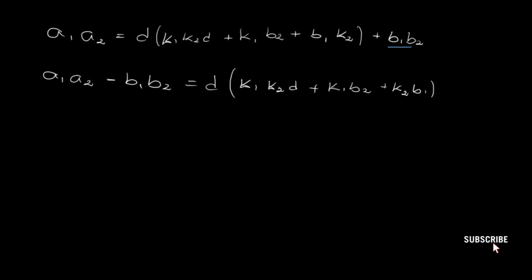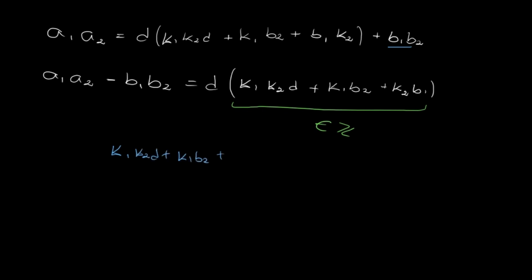Now if we look at this number, it's an integer. So we can just call it a general number k, that would be an integer. So what we did was write A1 A2 minus B1 B2 as D times some number k.